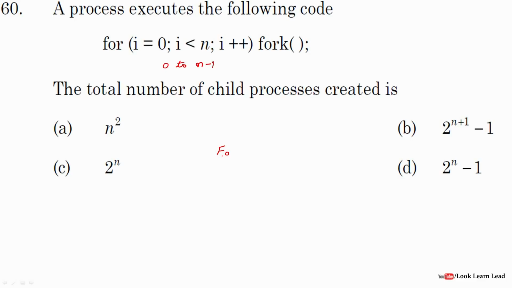First, when i equals 0, it would run. When it becomes i equals 1, we have 2 processes. For i equals 2, we have 4 processes, and so on.